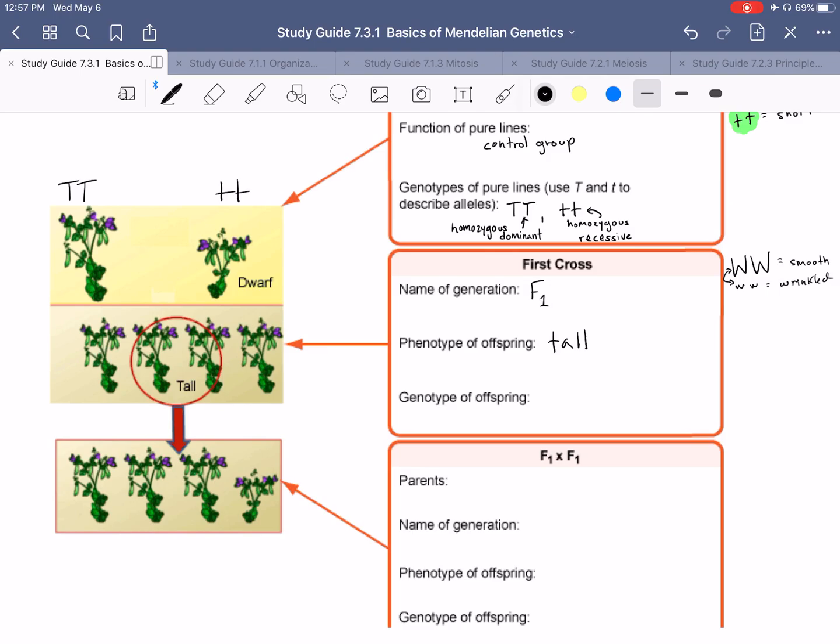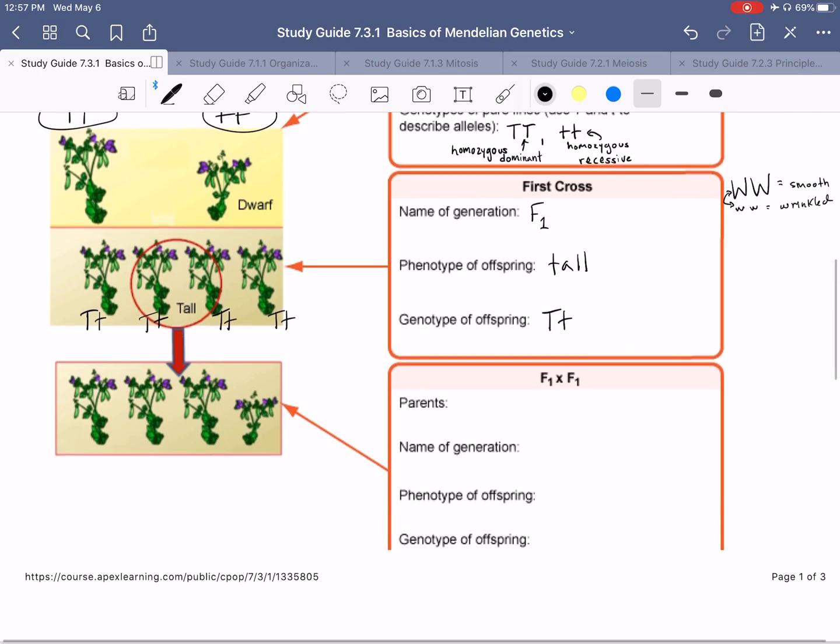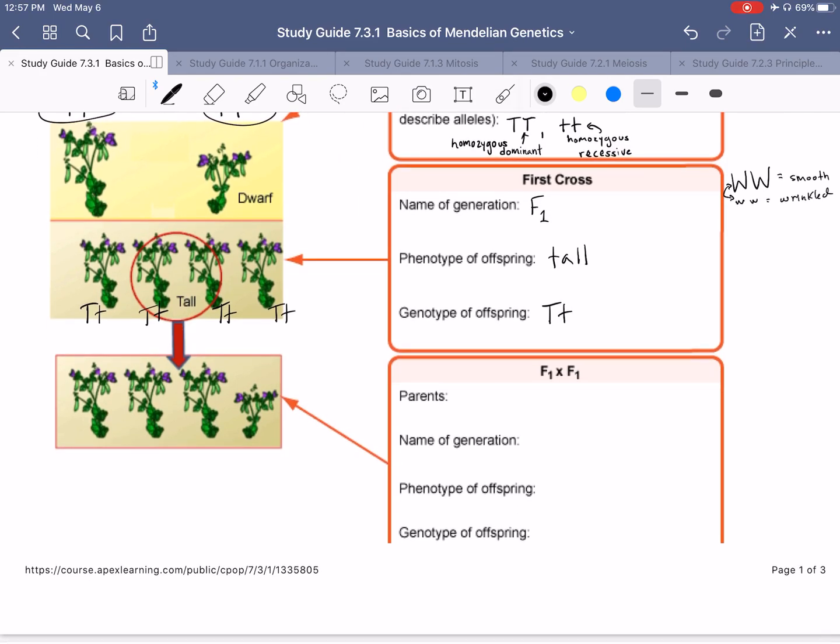If the tall plant only had big T's and the short plant only had little t's to give, that means that all of these plants have one big T and one little t. One big, one little. Which means the genotype of the offspring are all big T, little t.